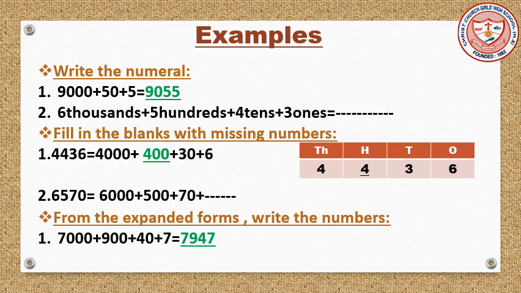Okay. Number 2. 1 thousand plus 8 hundreds plus 30 plus 2. I'm sure you can write this answer. The answer is 1832. Okay?